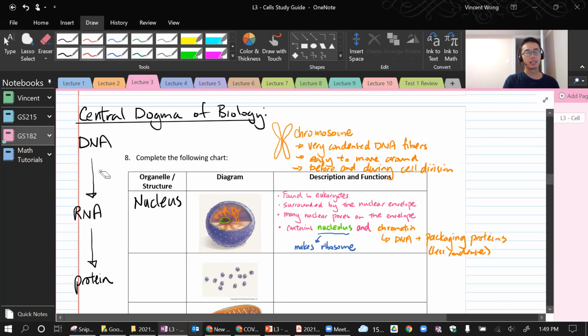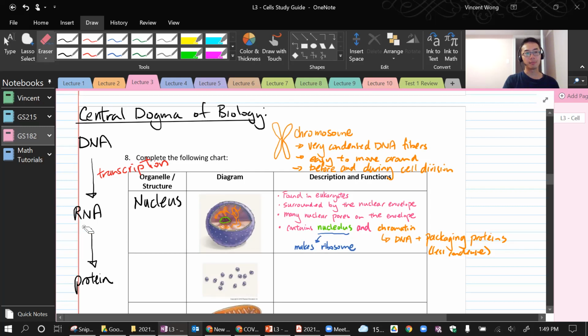So DNA to RNA, when you make a copy of DNA in the form of RNA, we call that transcription. This happens inside the nucleus. Once you finish making the RNA, it will exit through the nuclear pores into the cytoplasm.